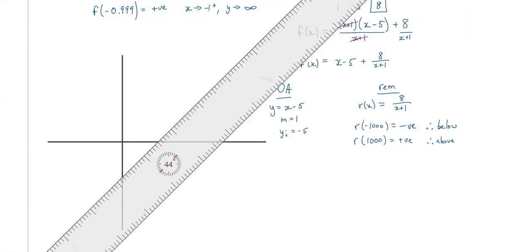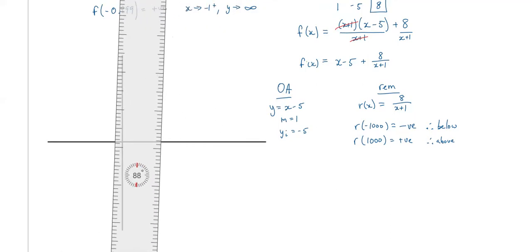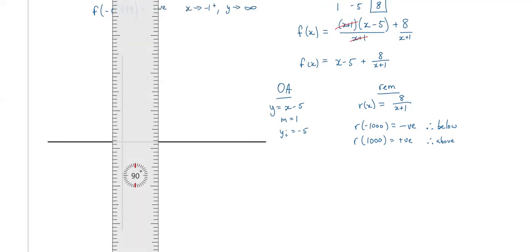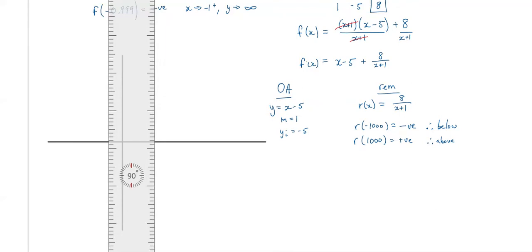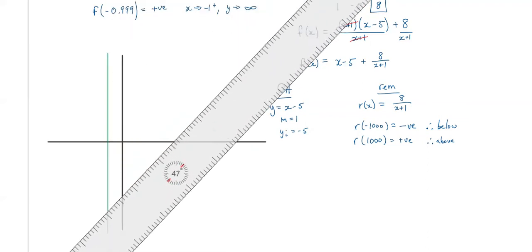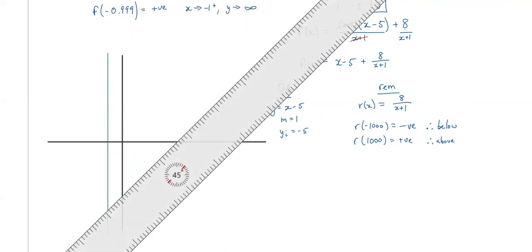All right, we only have one vertical asymptote. And I have my oblique asymptote. I'm going to do my intercepts first.